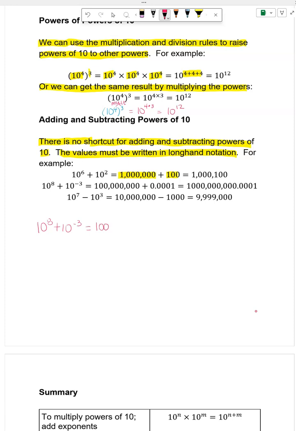1, 2, 3, 4, 5, 6, 7, 8. And then 10 to the negative 3. 0.123. That's negative 3, not what I have here. This is wrong. So plus 0.001, right? Because it goes over 3. 1, 2, 3. So that would equal, just add them together. So let's add them on our little calculator here.